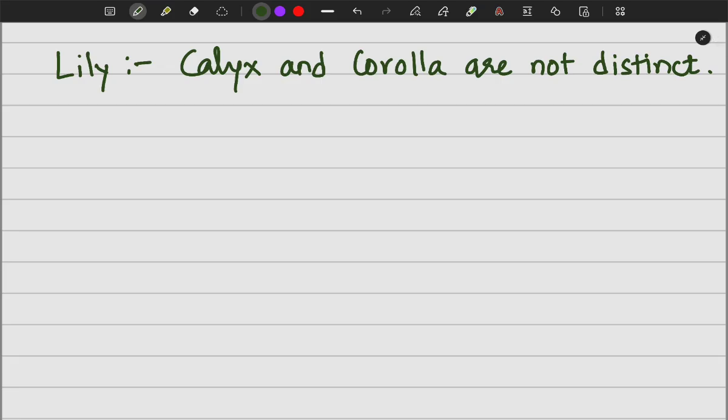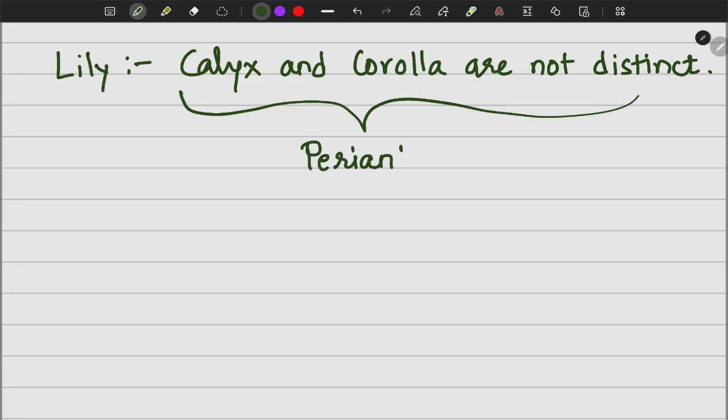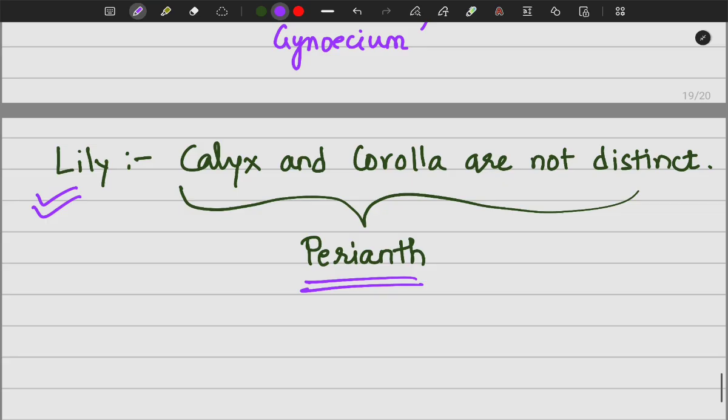They are together as one unit. So this kind of condition is called perianth, when the calyx and corolla are not distinct but they are fused together in the form of one unit. So that condition is called perianth, and it is usually seen in lily. Alright, so this is an important term. You must remember it.